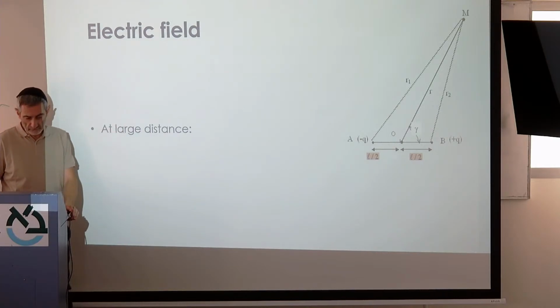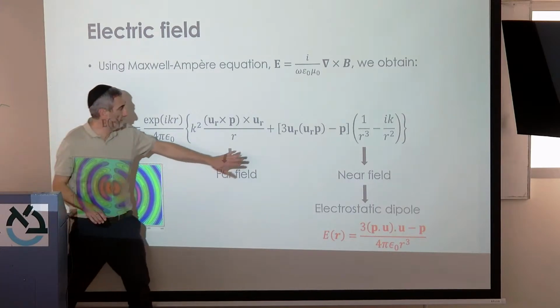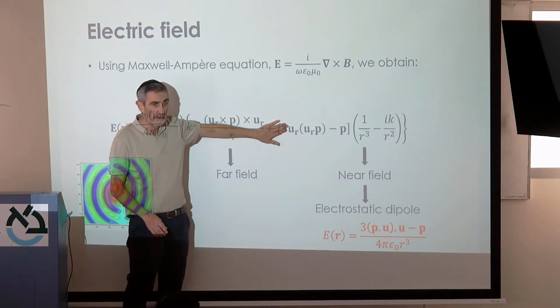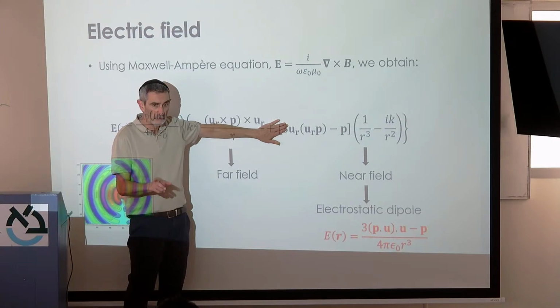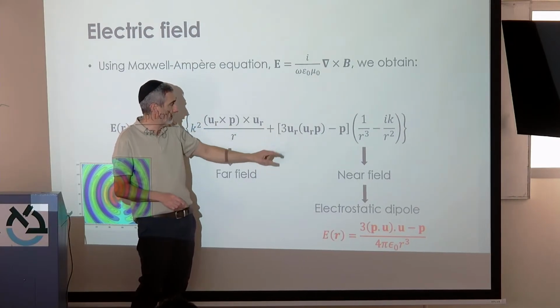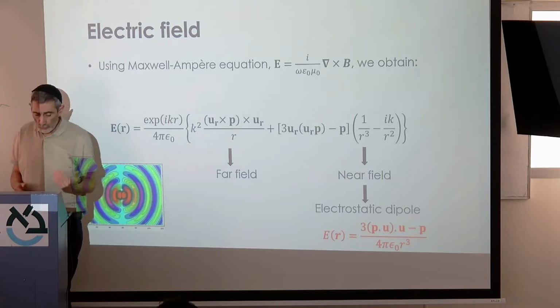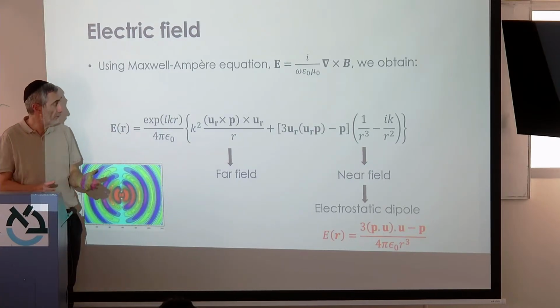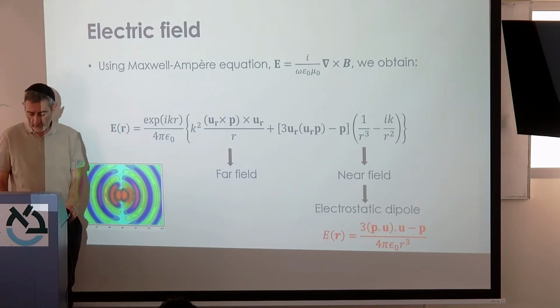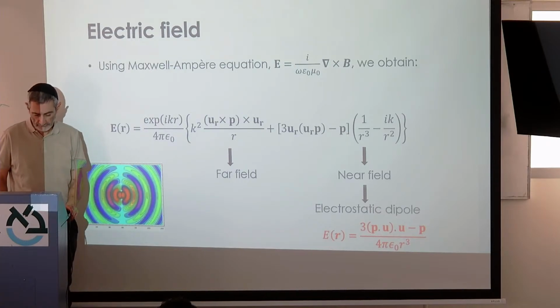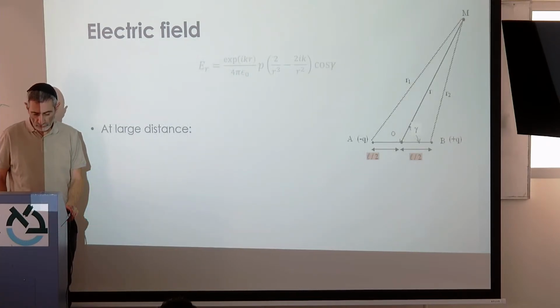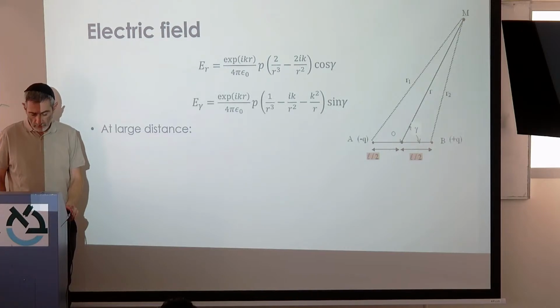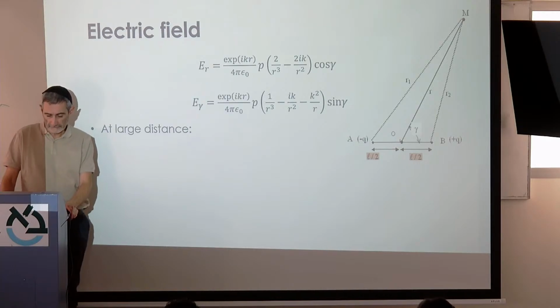If there was no 3 here, that would be the orthogonal component to the direction of propagation. Because of the 3 here, you introduce in the near field a component which is not orthogonal to the direction of propagation. So it gives you these two contributions, one in the direction of R, and one which is the gamma, the angle contribution.